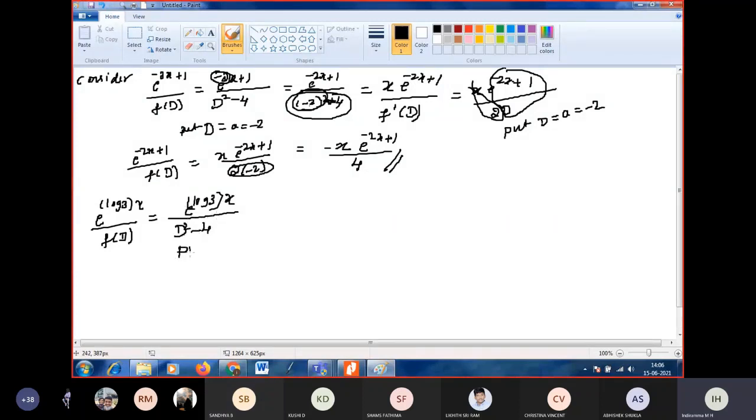In type 1, replace D by what? Log 3. Therefore, our solution is e to the power of log 3 into x divided by log 3 whole square minus 4. Denominator is not 0, therefore this will be our solution.